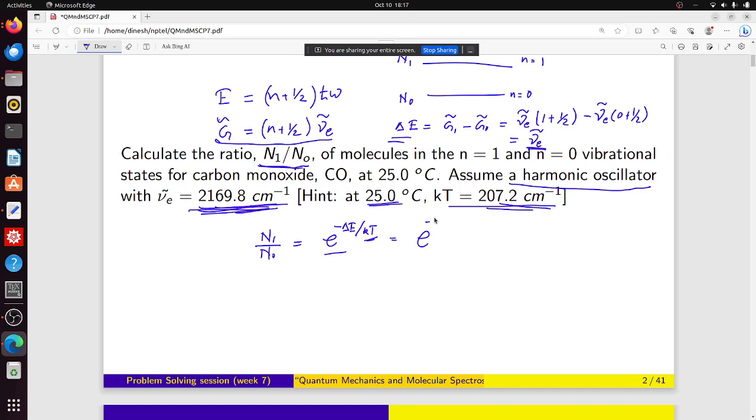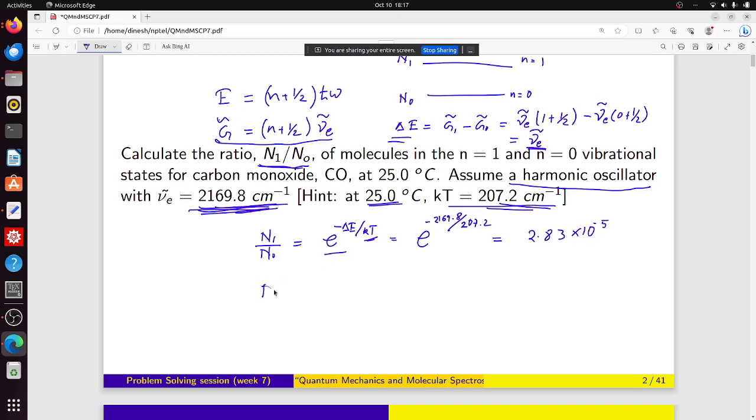So this is 2169.8 over 207.2. Okay, so just put it in the calculator and you will get around 2.83 times 10 to the power minus 5.